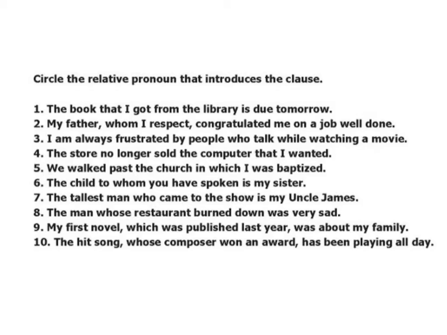So we know that that is a relative pronoun, and let's see how far we can go with this clause. That I got from the library, and now we have a verb, is, which could be an indicator that we should stop there, because your independent clause, the main sentence, has to have a verb, so it may not include that verb. So let's look at what's left.